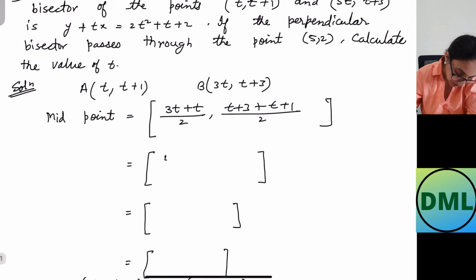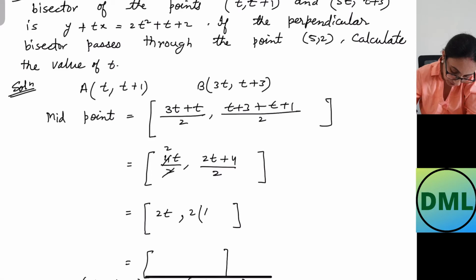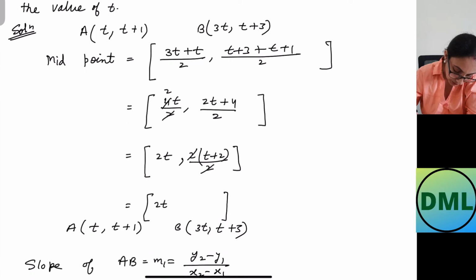It will be 4t over 2 and (2t plus 4) over 2. Now 2 will get cancelled from here. It will be 2t, and from here 2 is common from the numerator. So it will be (t plus 2) is left here, and the 2 will get cancelled with 2. So the midpoint is (2t, t plus 2).